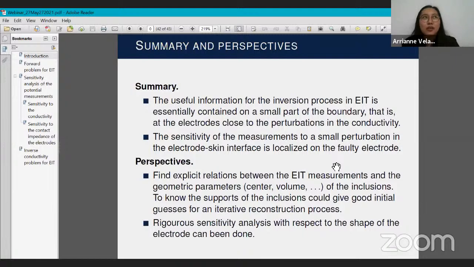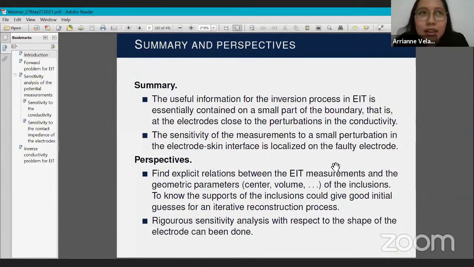Okay. So we are actually thinking about, if we know which part is more sensitive or which electrodes are more sensitive, I think it's more useful for the detection of brain tumors or in general tumors in the thorax or in the brain.